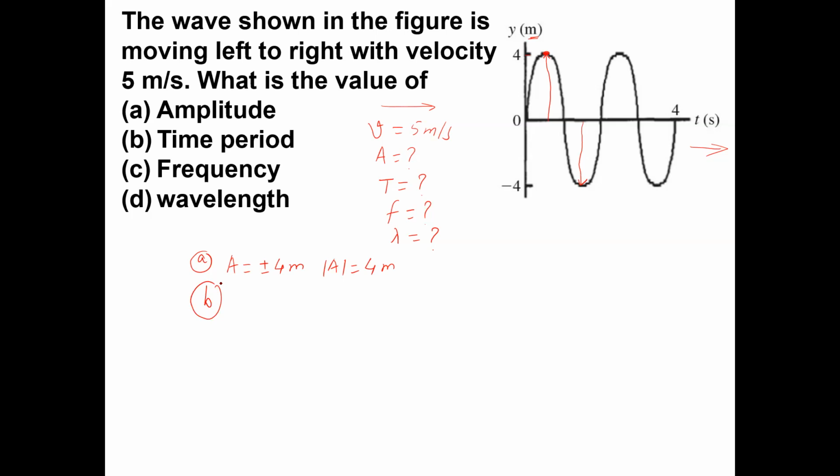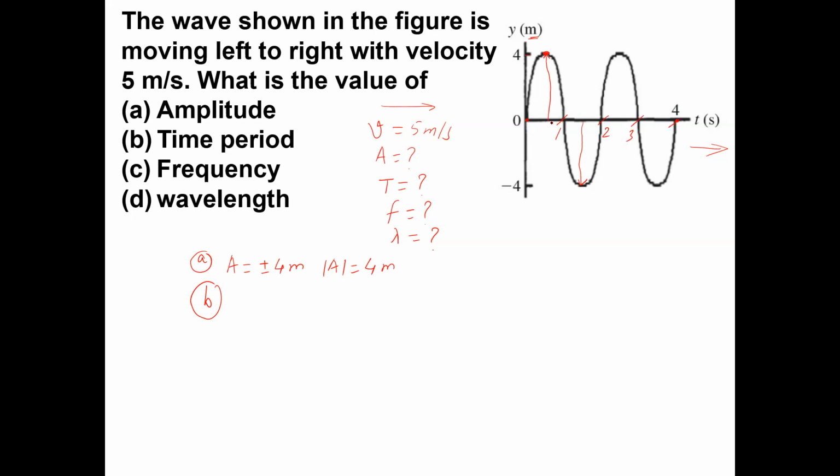Look at the graph. It is plotted in terms of displacement of the particle with respect to time, so time is on the x-axis. Starting from 0, this is 4, so I can divide it into different parts. This is 1, this is 2 seconds, this is 3 seconds, that is 4 seconds.